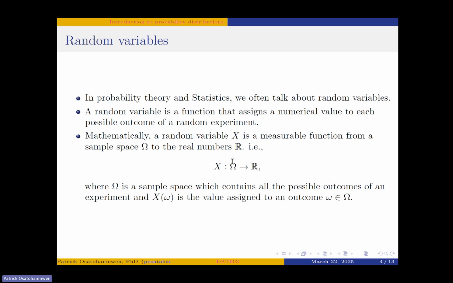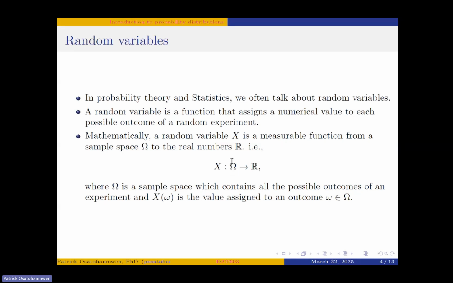If I say X is a random variable, it means this X is a function that is defined on this sample space, in other words, all possible outcomes for X. It's defined on this sample space, omega.